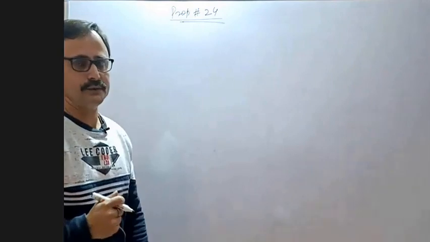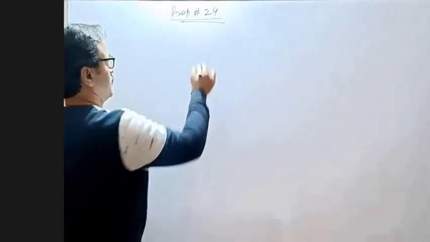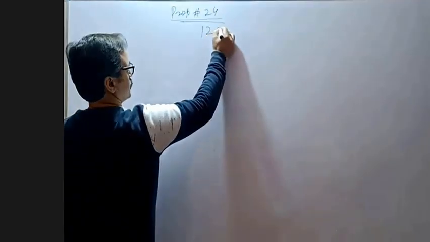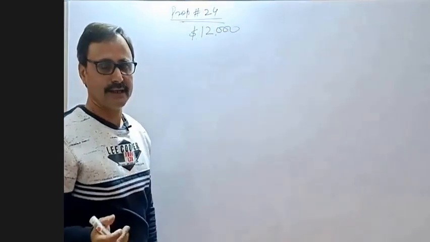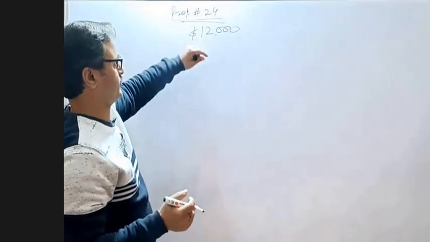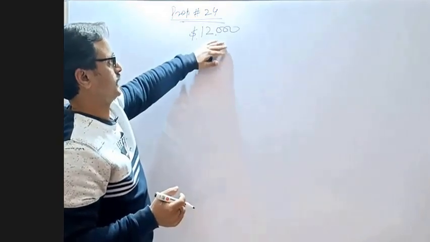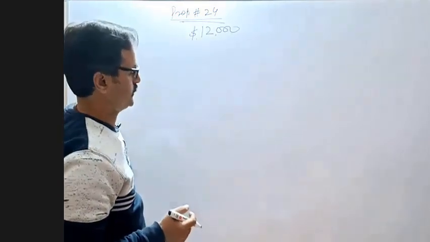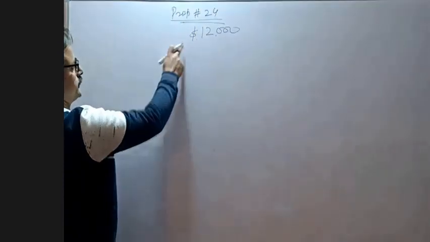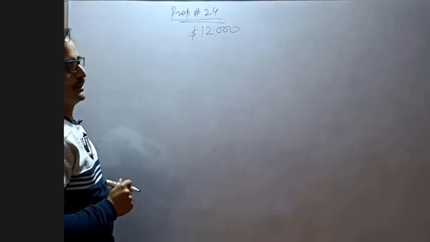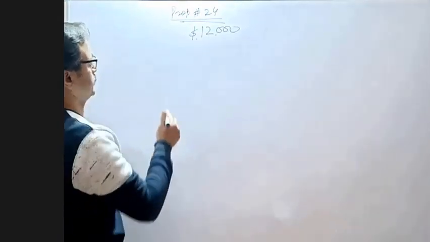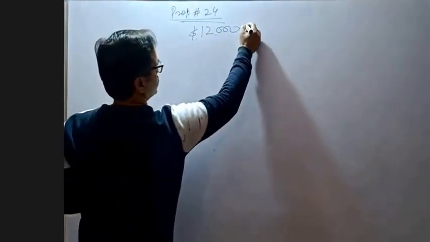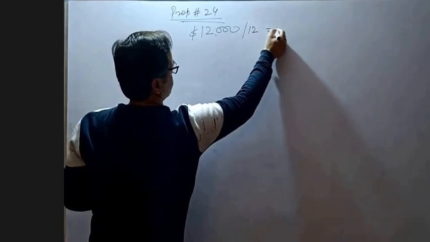There was some amount coming in, like 12,000 was the total income the borrower received in the previous year from property number 24. So if we look at this rental income, what should the per month income be?